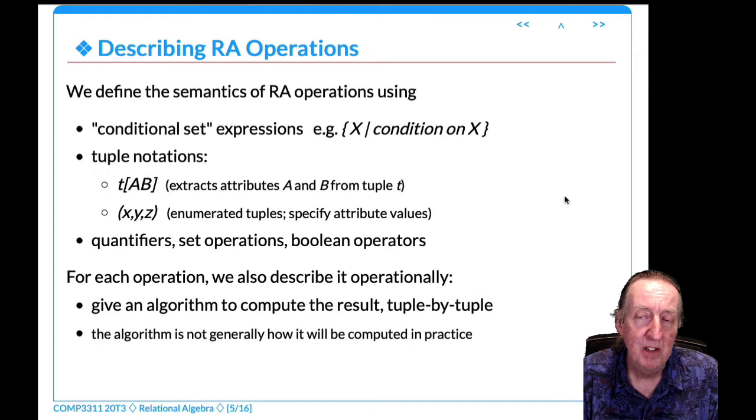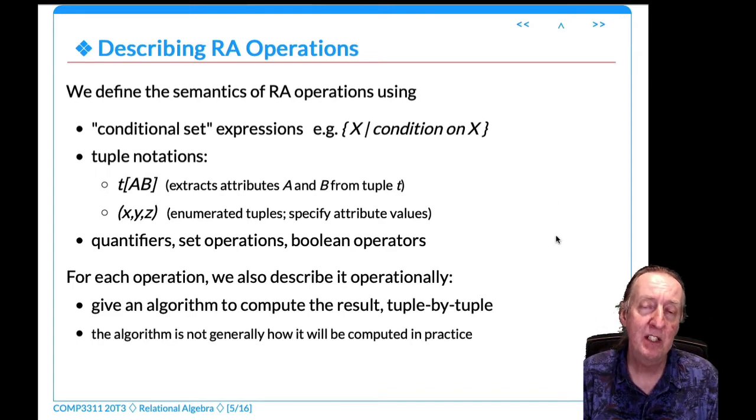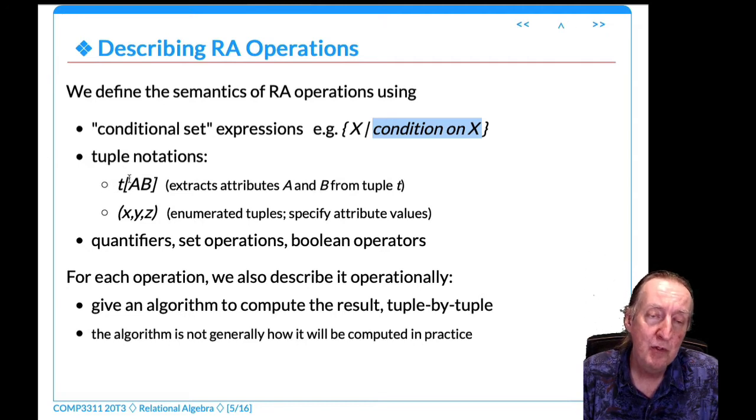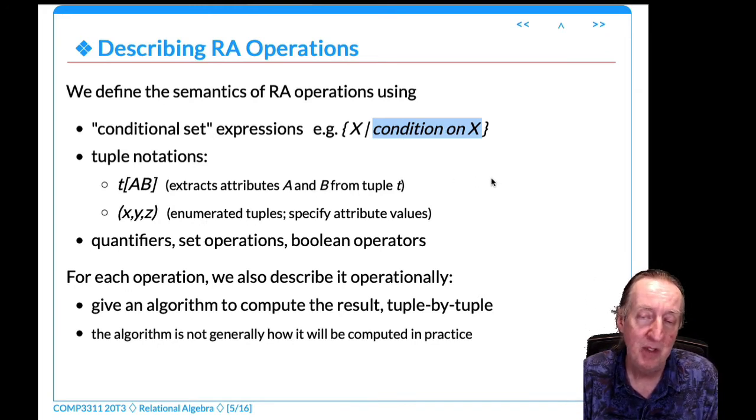Alright, so that's notation. What about the semantics? We basically define all these operations in terms of conditional set expressions. So basically we're saying the set of x such that x satisfies these conditions here. If we want to talk about tuples, this notation here will extract the attributes A and B from a tuple of type T, which presumably has more attributes than A and B. It might have A, B, C, D, E, so we're just going to take the first two.